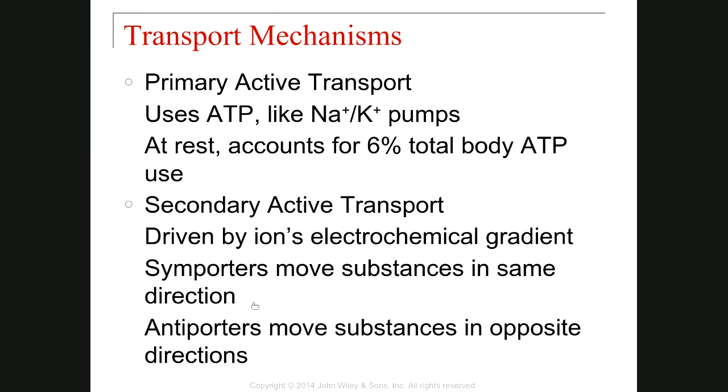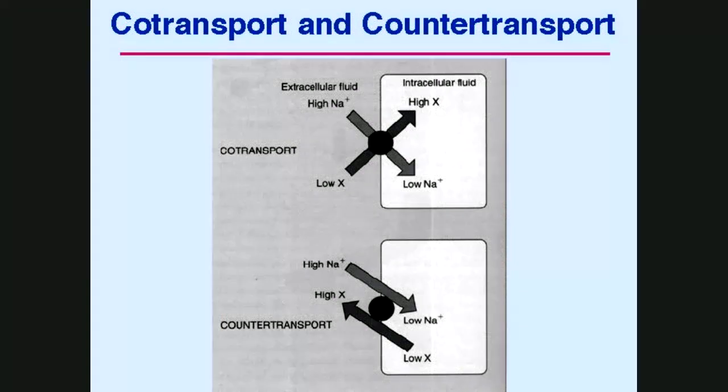We have some proteins which are called symporters. They are membrane proteins which help two or more transported substances to move in one direction across the membrane. And the antiporters are the proteins in the plasma membrane which move two or more transported substances in opposite directions across the membrane. And in this slide, you can see the symporter, and it can help co-transport.